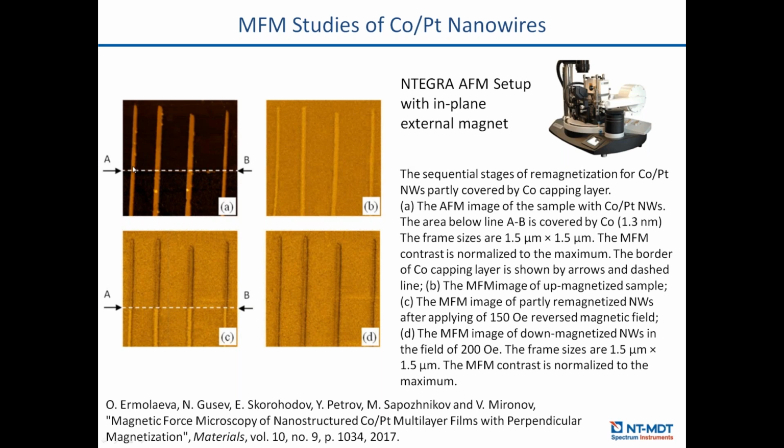The change of magnetic polarization of these cobalt platinum nanotubes was done under the varying external magnetic field. Here on the top left, you see the topography, and at B, C, and D, you see how the magnetic polarization of these wires changed under application of different fields.